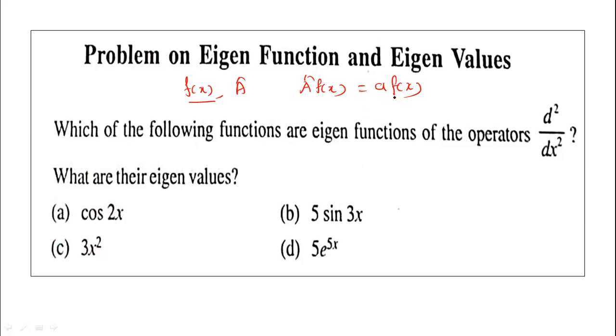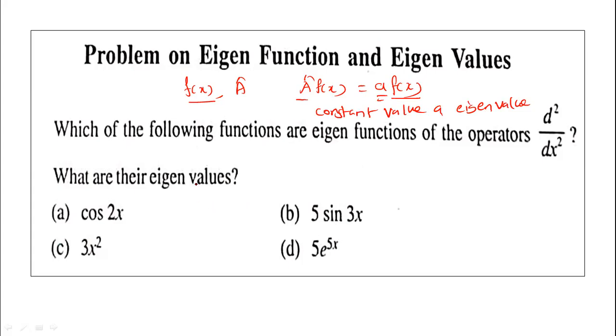Then the function is called the eigenfunction of that operator, and this constant value a is called the eigenvalue of the operator A.